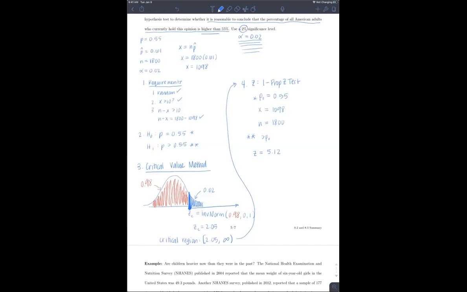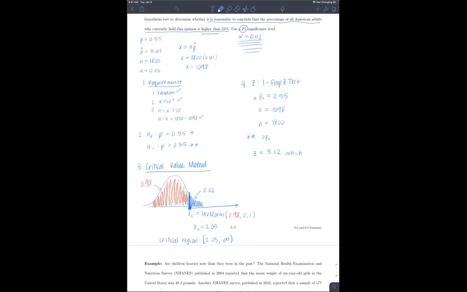So if we're using the critical value method, I'm going to compare this 5.12 to my critical region. And so is this test statistic inside my critical region? Yes or no? Yeah, it is, right?